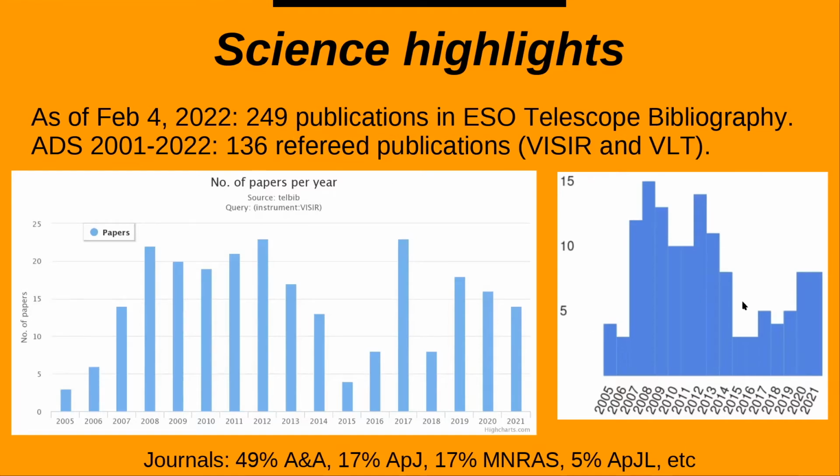But you see almost a very similar structure, and this gap here is because for a while VISIR was out of service for replacement of the detector. But we are going up now, and I keep hoping that after this meeting we will see even more papers coming out.